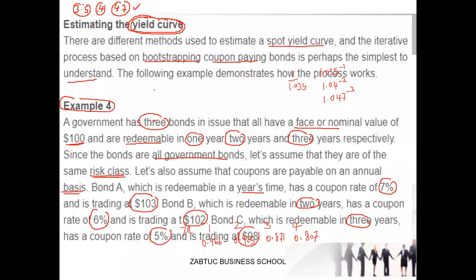You see what we are doing here? We know the market value of the bond. The market value is known. This is known. And also we know the coupon rate.